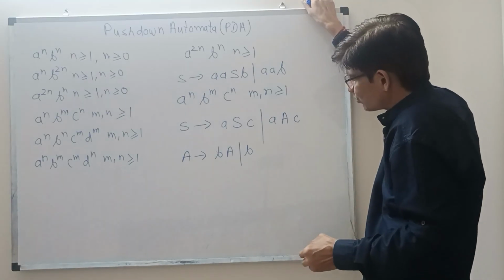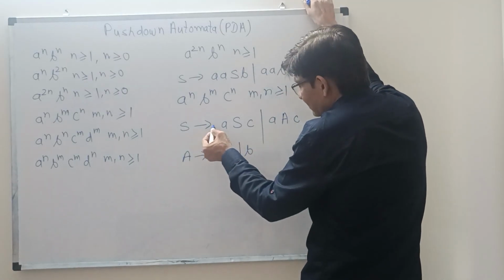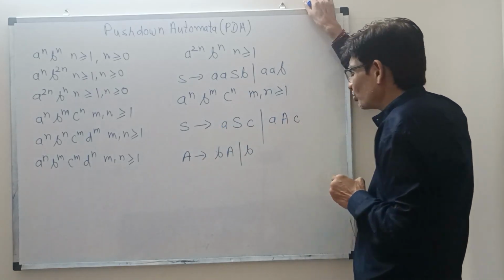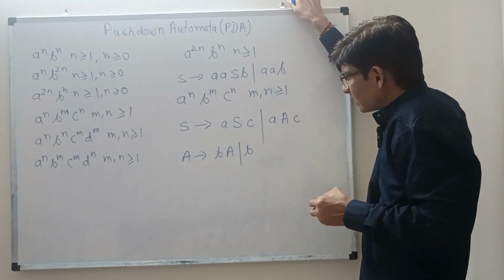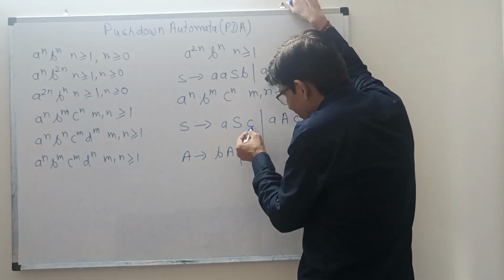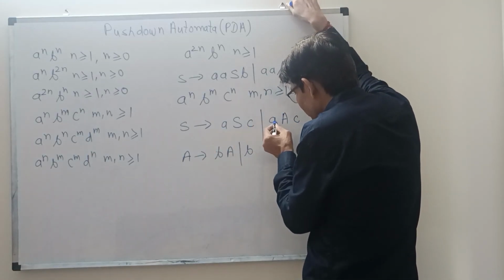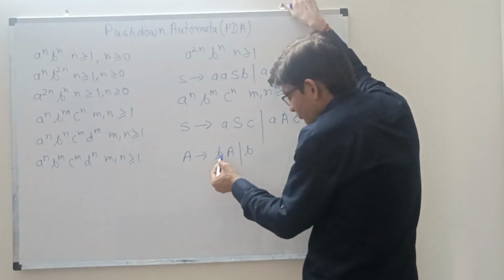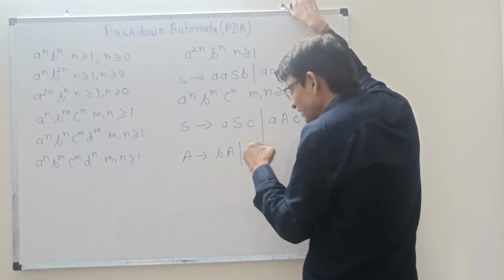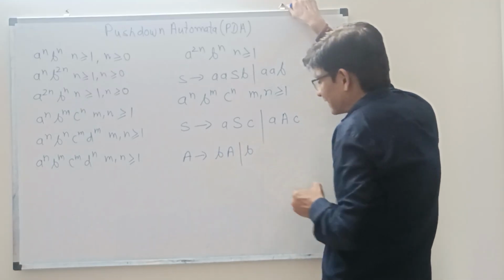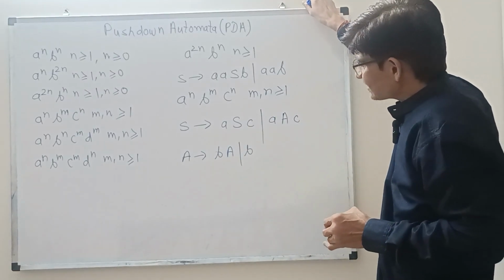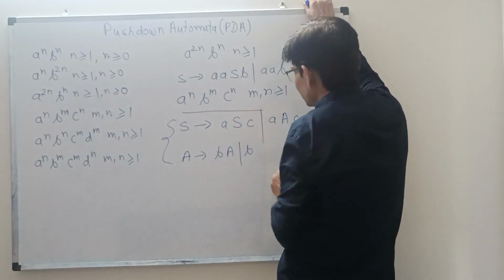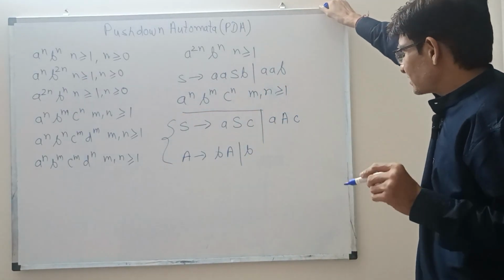So this would be creating b, and these two productions will be creating a and c both. So you can see whenever we are generating a, we are also generating c. Here also, here also. Now on b, we are not having any condition, so we can create any number of b's. So we can have productions like this. So I hope this is the grammar for this particular language, and it is very much clear.